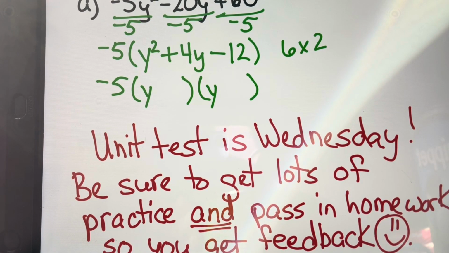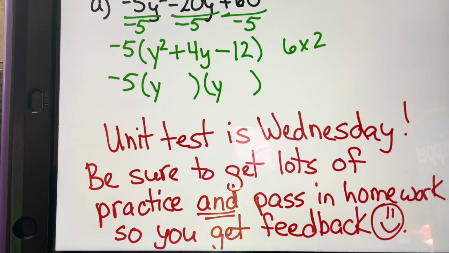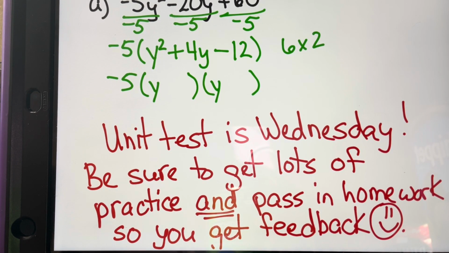I need one of them to have a negative to create that product of negative 12, but I need a positive for what I'm adding. So I need the stronger number or the larger number to be the positive. So that 6 is positive, that 2 is negative. I always think of it as a tug of war, which number would win, the positive side or negative side. So I have +6 and I have -2.